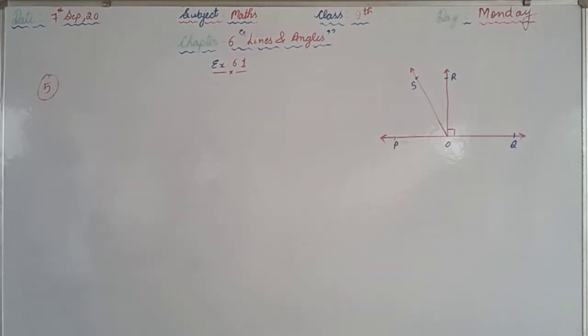In figure 6.17, POQ is a line, ray OR is perpendicular to the line PQ, meaning it is 90 degrees. OS is another ray lying between rays OP and OR. Prove that angle.